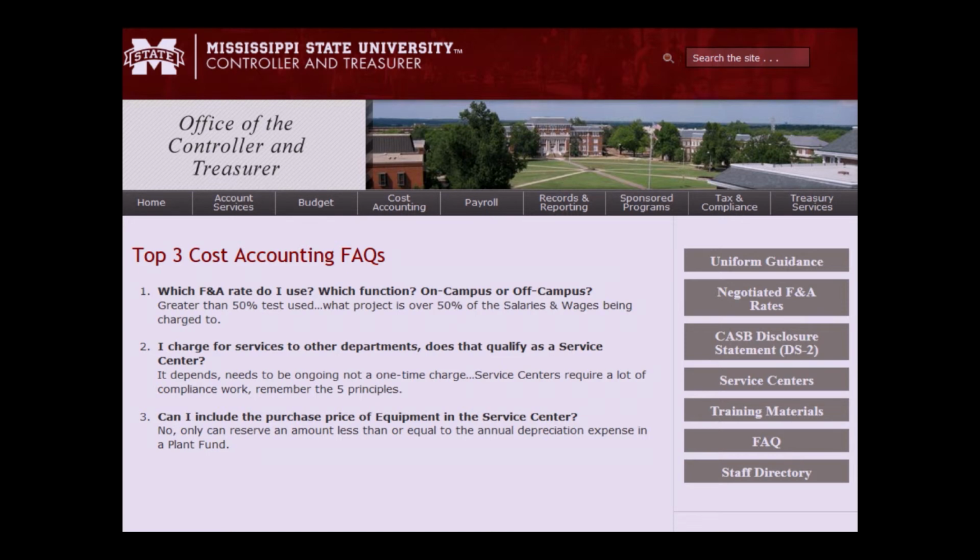Well, it depends. It needs to be an ongoing, not a one-time charge. Service centers require a lot of compliance work. Remember the 5 principles? And then the third cost accounting FAQ: can I include the purchase price of equipment in the service center? And the answer there is no. You can only reserve an amount less than or equal to the annual depreciation expense in a plant fund.